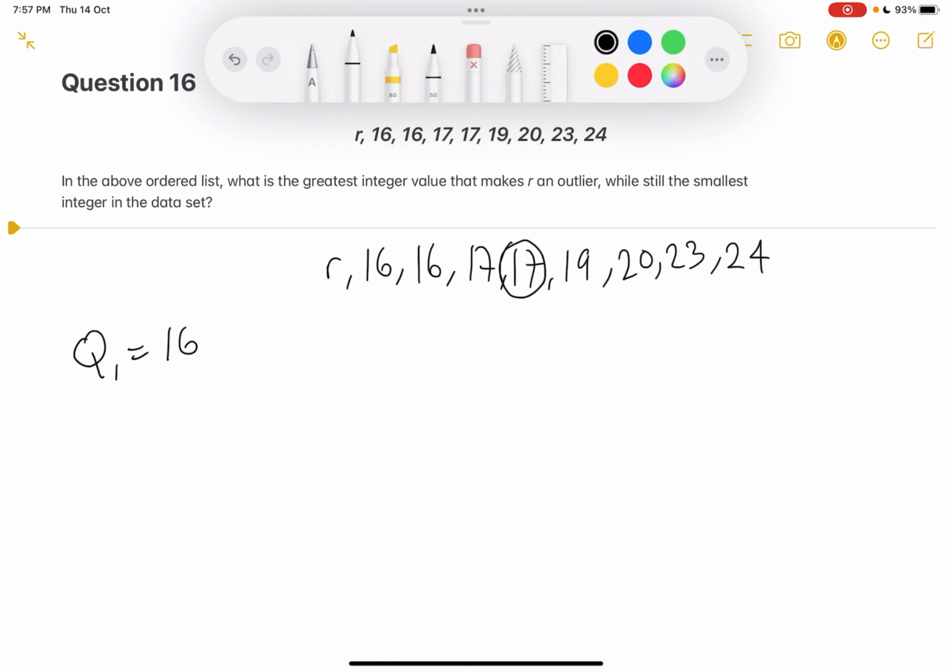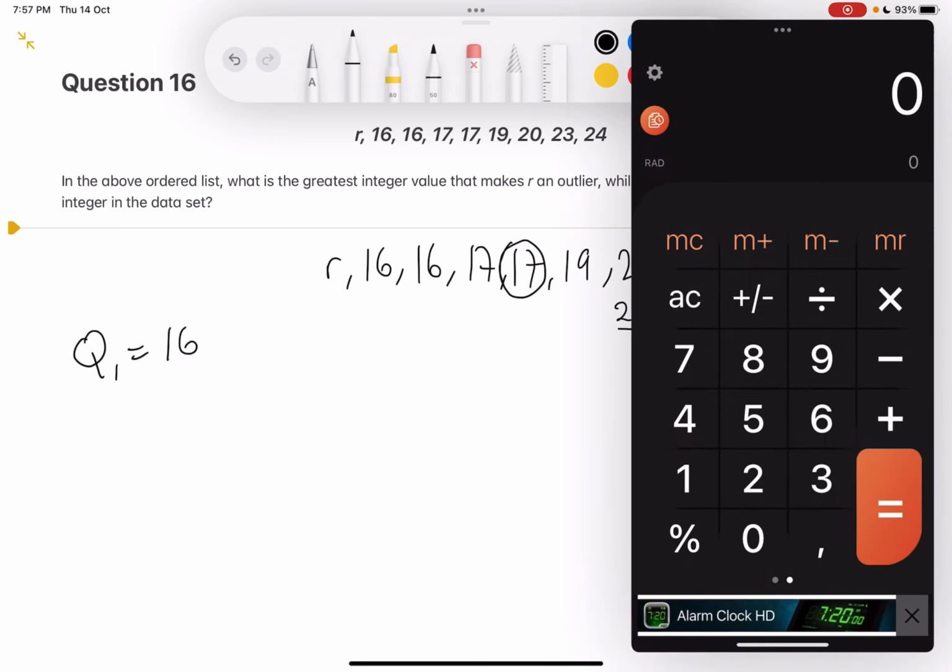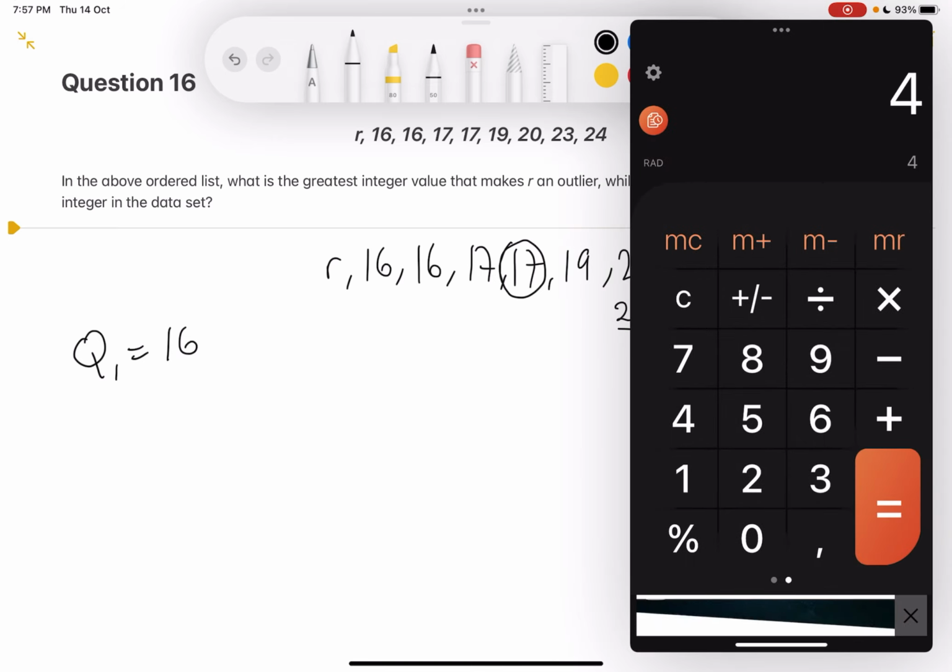And then we want to find the third quartile, so we're looking at these numbers. And again, 4 numbers can't split it exactly, so we take the mean of these 2 numbers. 20 plus 23 over 2. This is 43 over 2, which equals, I have my calculator here, 43 divided by 2. We get 21.5.